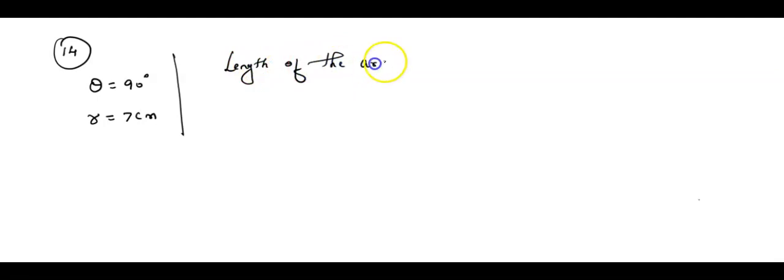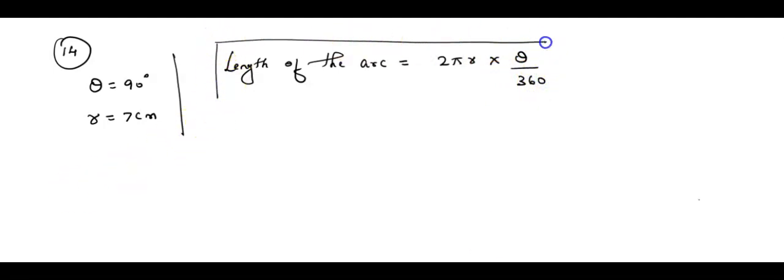To find the length of the arc, we have the formula 2 pi r into theta by 360. This is a standard formula you need to remember.